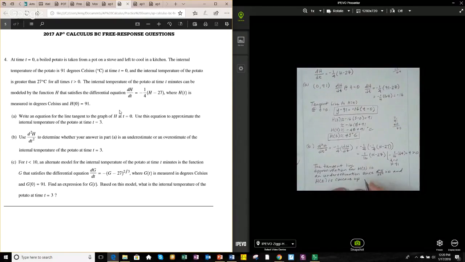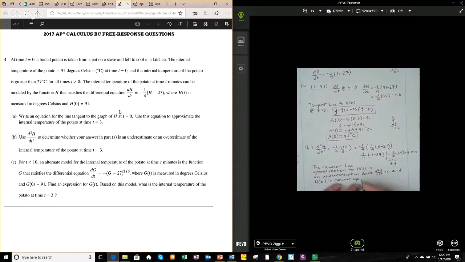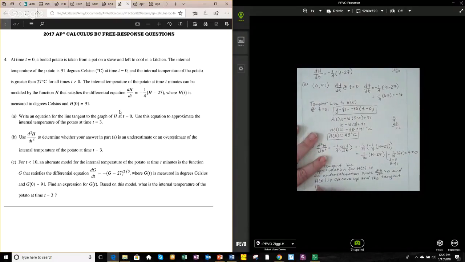And I like to make the statement that the tangent line is below, because I'm expressing at least that I know that the tangent line is below the curve. Never hurts to show them what you're doing, okay? So there we go, that's part B.